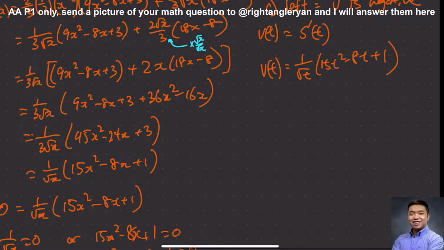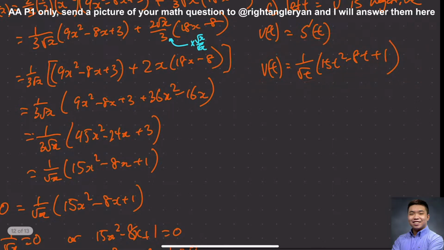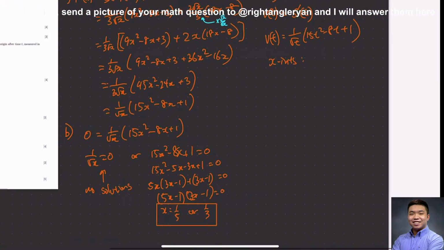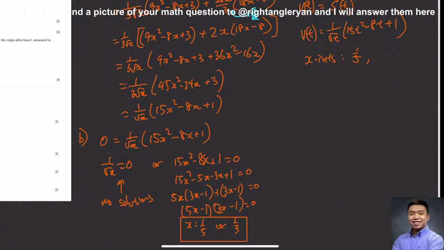And if we want to find where this is negative, we first have to find where the solutions are, as in where the x-intercepts are. We found those in part B already, at 1 over 5 and 1 over 3.